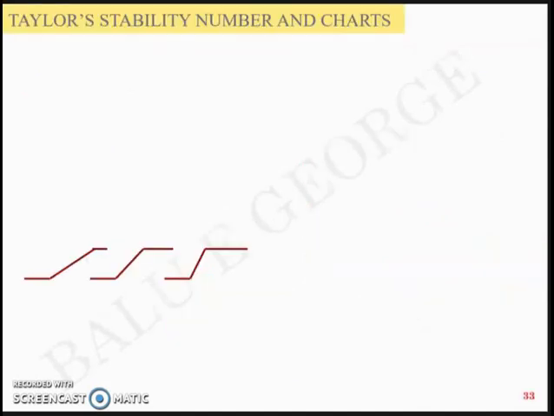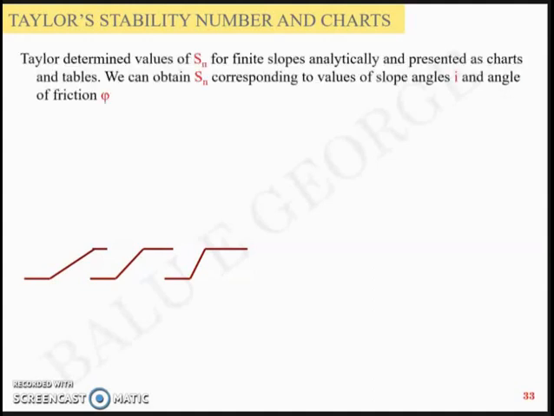Now the next method is called Taylor's stability number and charts. Taylor determined the values of a term called stability number for finite slopes based on the friction circle method. If you have a slope whose angle is i and whose soil has a friction angle phi, Taylor has given a set of charts from which we get a dimensionless number called Taylor's stability number Sn, based on the slope angle i and the angle of friction phi.